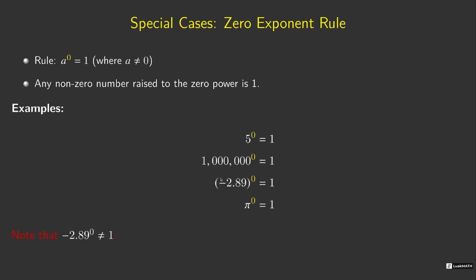In fact, there's a minus 1 hiding inside here. Minus 1 times 2.89. I'm raising minus 1 to 0, and I'm also raising 2.89 to 0. That's not the case here. In here, I'm only raising 2.89 to 0, which is equal to 1, but there's a minus 1 hiding beside it. That's why this is not equal. In fact, minus 2.89 raised to 0 is equal to minus 1. So that's the correct answer.